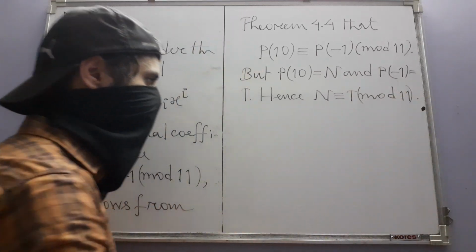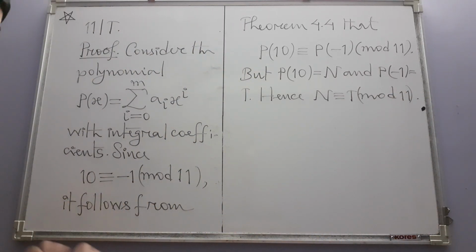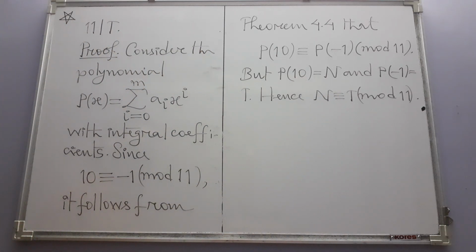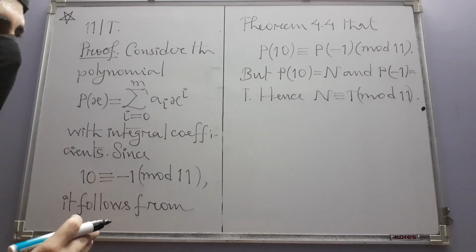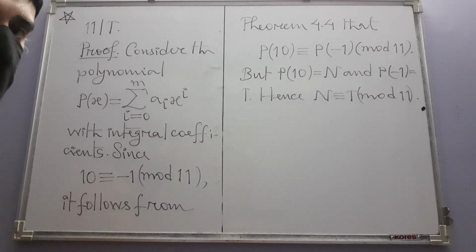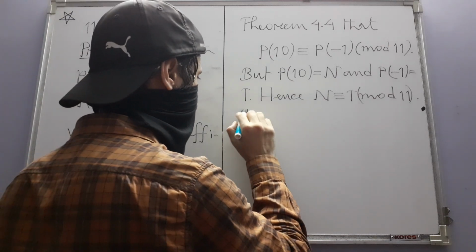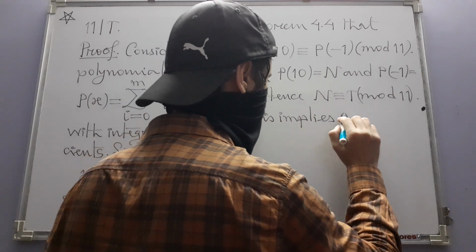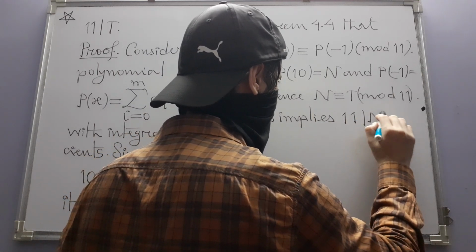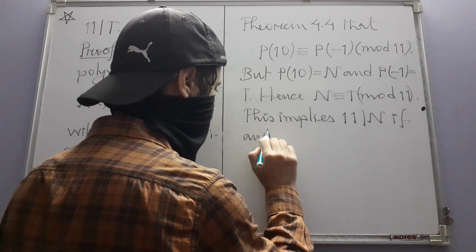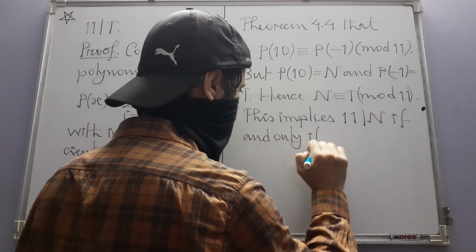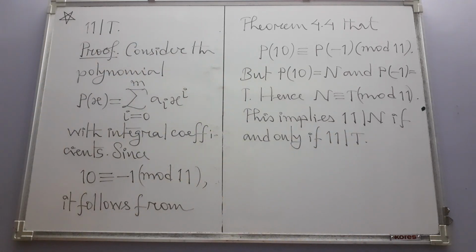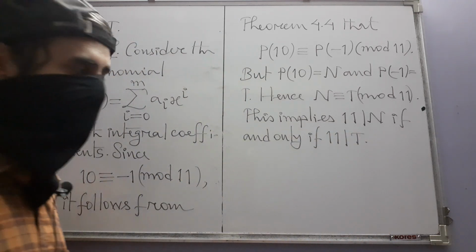And that is why, like our same argument, N and T will leave the same remainder when divided by 11. So if any one of them is divisible by 11, then so is the other. This implies that 11 divides N if and only if 11 divides T. Okay, so these are the two divisibility tests that we have in this text.